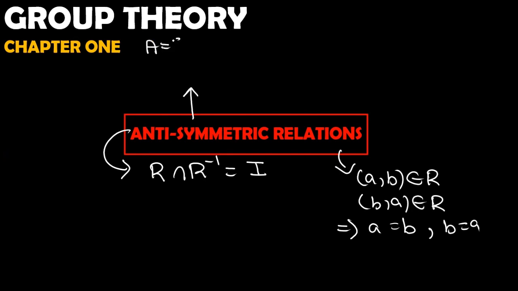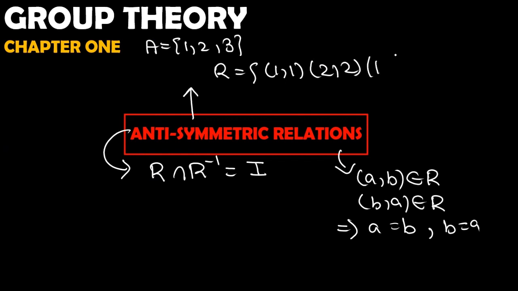If we have a set {1, 2, 3} and we take a relation on it like this: R is equal to {(1,1), (2,2), (1,2), (2,3)}. So this is our relation.